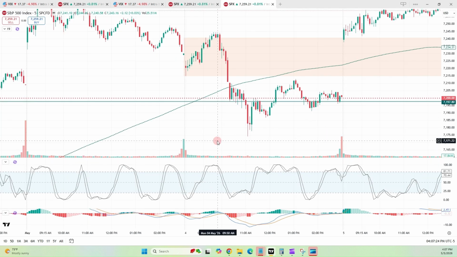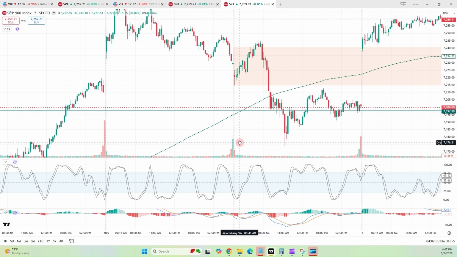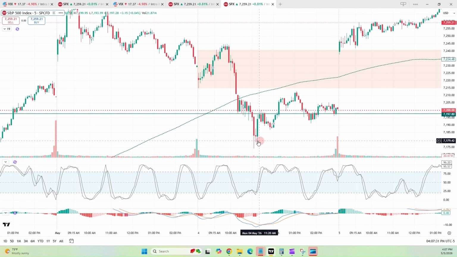As we approach 10:30 Central Standard Time, we can start to look for any valid directional setups, which we did actually get yesterday right at 10:30. You can see here stochastic RSI is in the oversold threshold, which is what we want to see if our directional bias is to the upside.